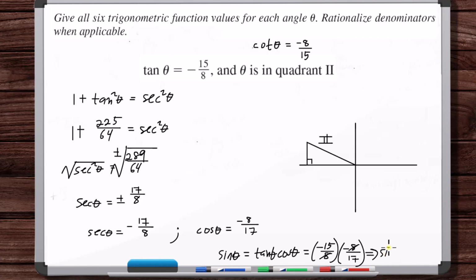So sine theta is 15 over 17. So we've got sine, cosine, secant. So we just need cosecant. That's 17 over 15. There we go.